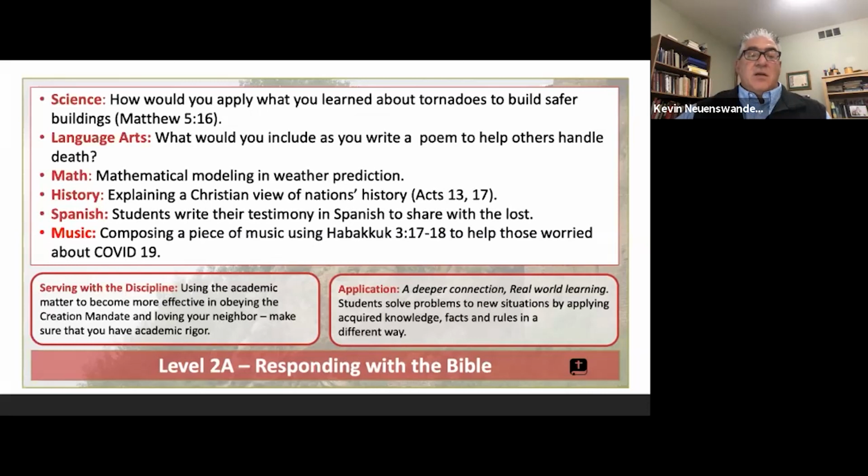It was just on Fox News yesterday. But how would I use that? In my quiet times, I've been looking at that scripture. So if I were to compose music, as a former music teacher, I've composed a lot of music in the past, and that's something I could do.